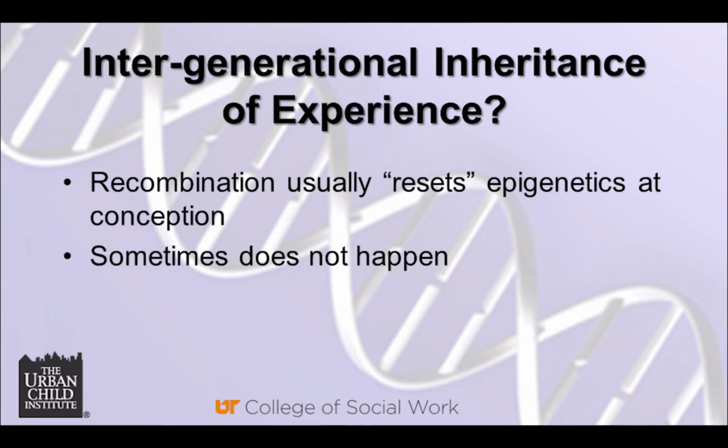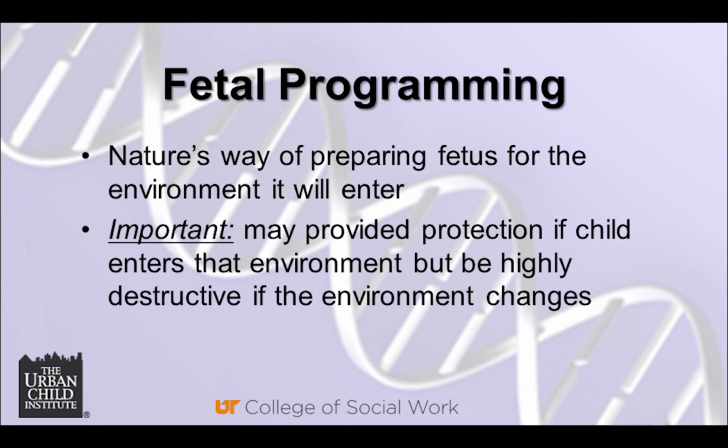Now, one of the things that happens, because mothers and babies share a blood supply, is that everything the mother experiences is experienced by the baby. Famine, war, domestic violence, depression. The mother's physiological system is also the baby's system. So the baby shares all of this.